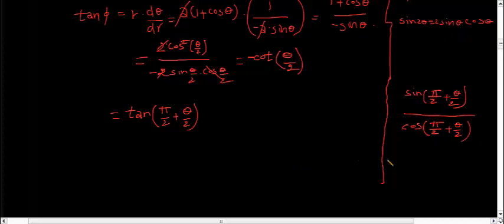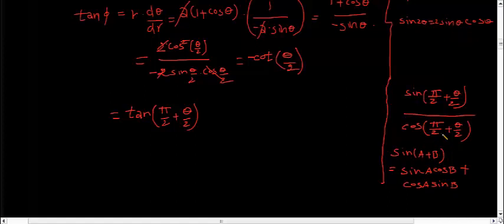Now what is sin pi by 2 plus theta by 2? Again, in 12th standard or 11th standard you would have come across this identity. Sin of a plus b is equal to sin a cos b plus cos a sin b.